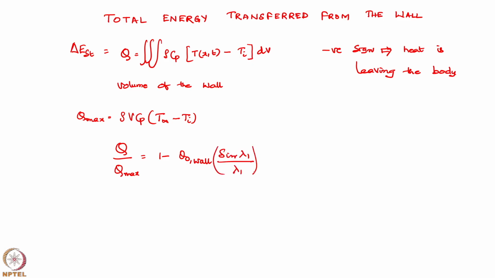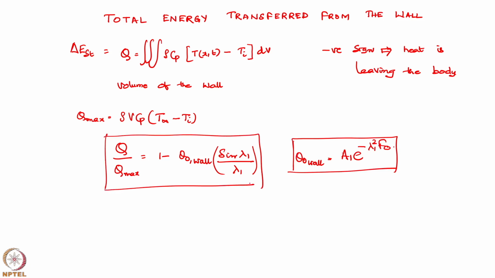I have taken only the first term of the series, and if you recall, theta naught wall was equal to A1 e to the power of minus lambda 1 squared into Fourier number. So this gets you the total energy transferred from the wall.